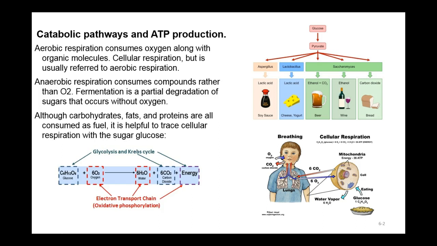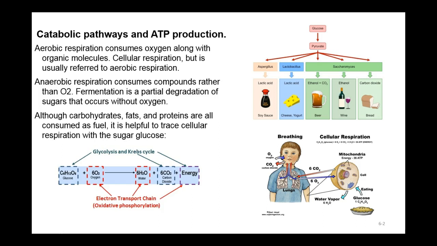The pathways of ATP production, so catabolic pathways breaking down organic molecules to form ATP, can be done aerobically, in the presence of oxygen. This tends to be the more efficient pathway, and this is what cellular respiration is.